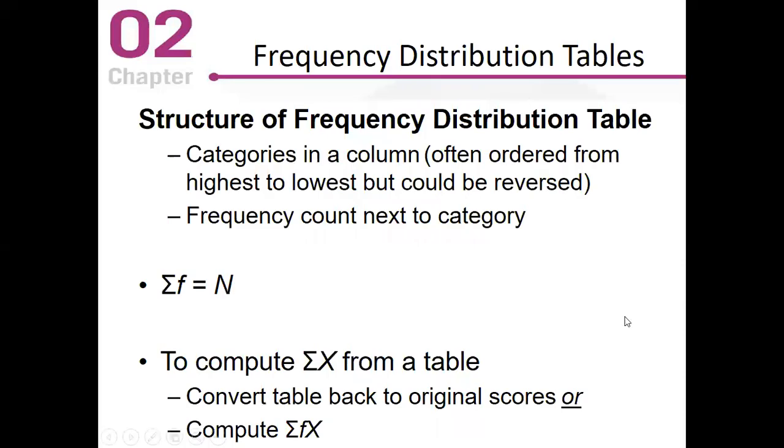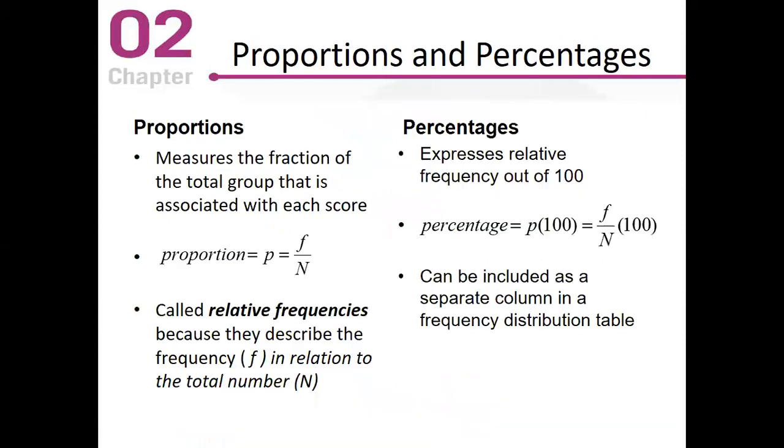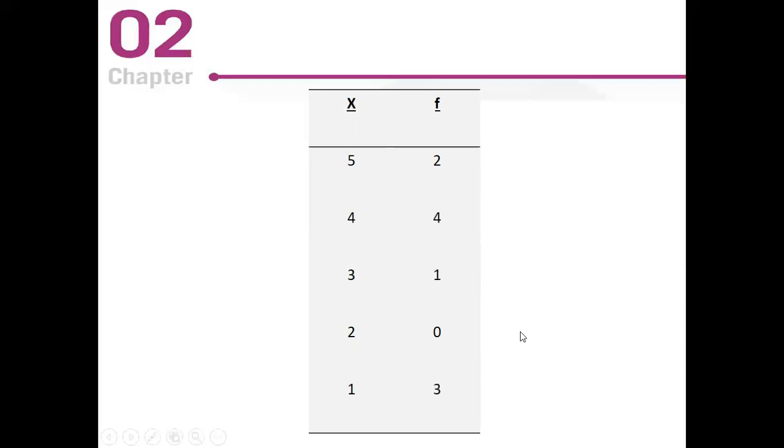Now, a frequency table gives us a lot of information. In addition to the frequency of scores, we can get some other key pieces of data. Let me go back to this table. If I go across each row and create a new column here, we could call this the sum of f times x.